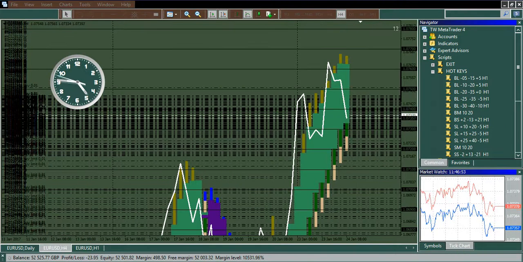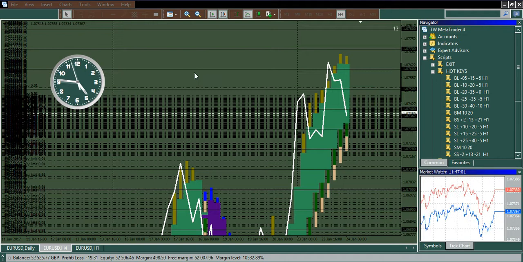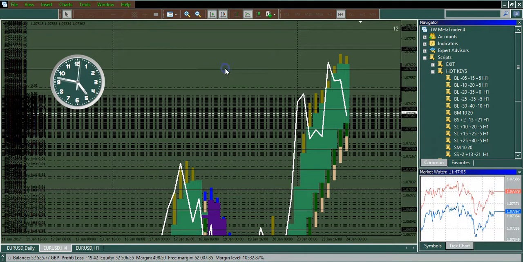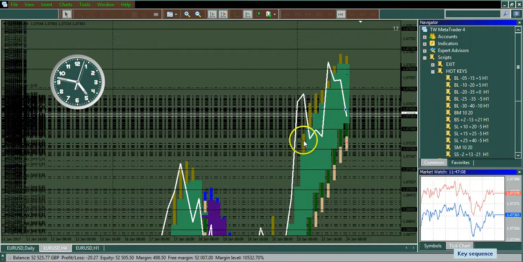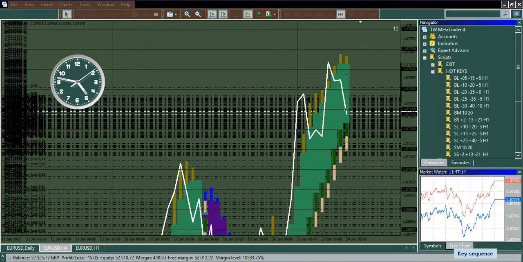Getting some serious drama out of these currencies. I suspect the stock market's probably going through the floor or something. All right, here we go. Now we got to put buy stops in, chase it. Don't like to chase, but when the party's over, it's over.